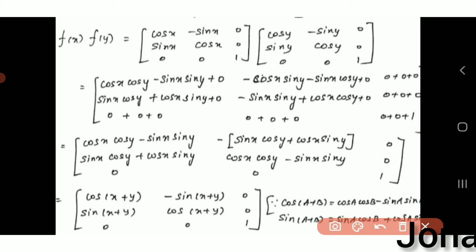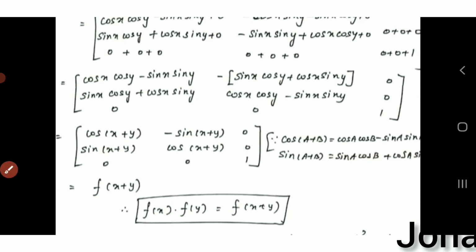We can use the trigonometrical identity. Therefore, we have cos of x plus y, here minus sin of x plus y, 0, sin of x plus y and cos of x plus y, 0, 0, 0, 1. So this can be written from the trigonometrical identity. So this we can write as f of x plus y, isn't it?